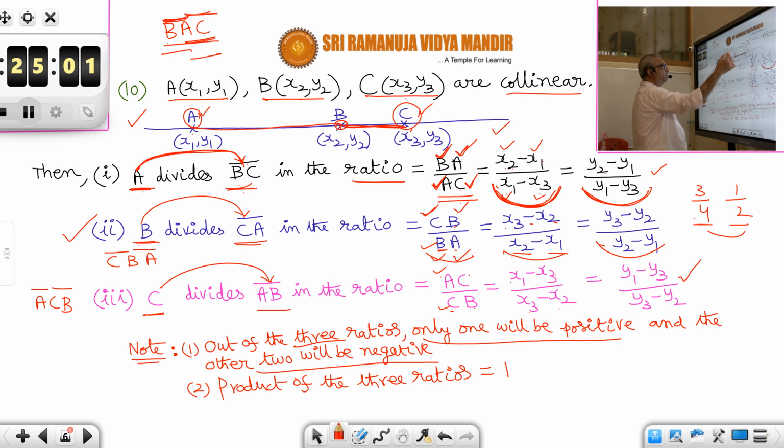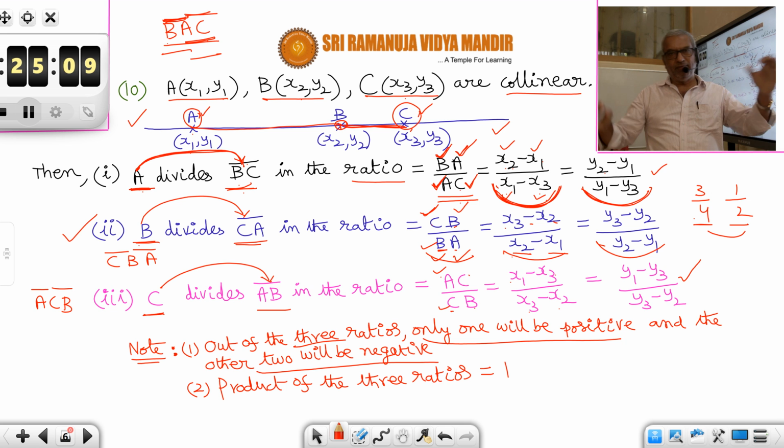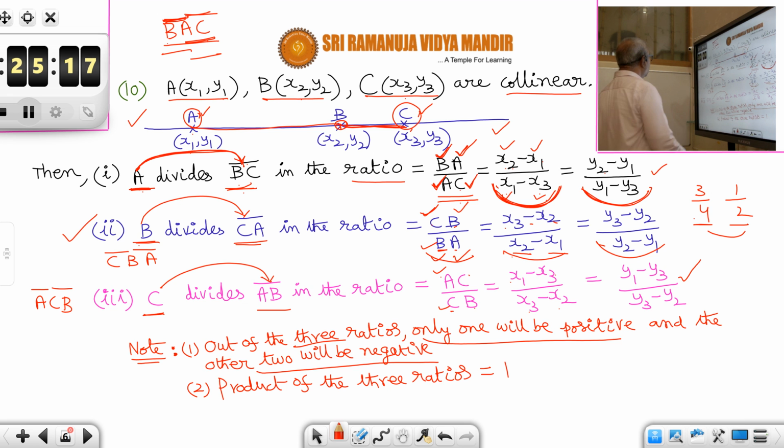So C is clearly outside the line segment AB, so the last ratio will also be negative. So when 3 points are collinear, only one point will be between the two other points. That ratio will be positive, and the remaining two ratios will be negative. That is the first point. And the second point: the product of the three ratios will always be equal to 1.